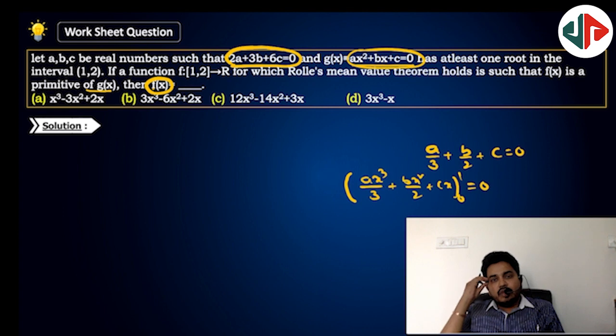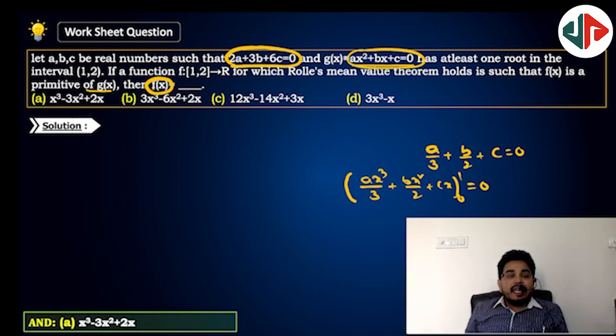So what value are you going to get? 2a plus 3b plus 6c is equal to 0. So the answer is x cube minus 3ax square plus 2x is equal to 0. This is the answer you will be getting here.